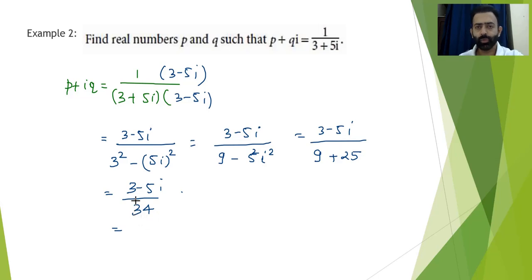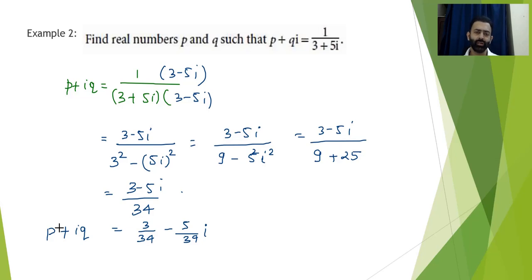Separating this numerator over the denominator, I can write this as 3 by 34 minus 5 by 34 multiplied by i, and in the LHS we have p plus i times q. Now if you compare any complex numbers, in the LHS we have p plus iq, one complex number, and in the RHS there is a complex number whose value is 3 by 34 minus 5 by 34 i.